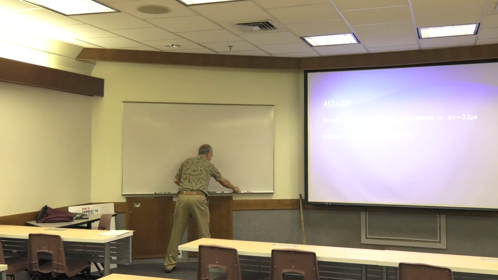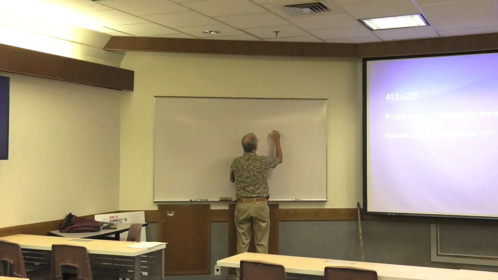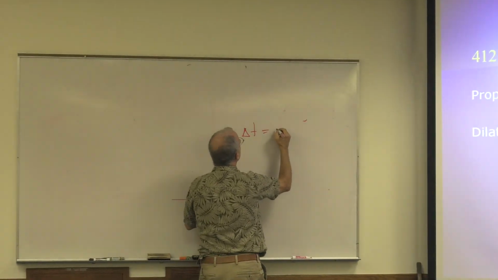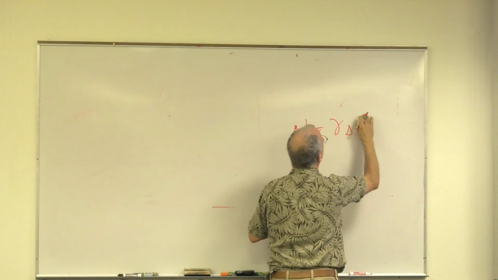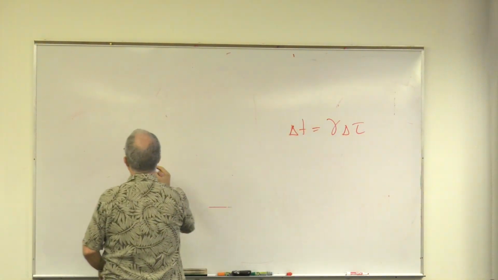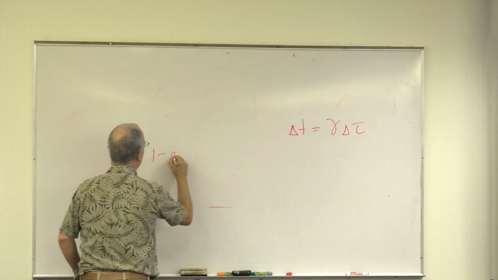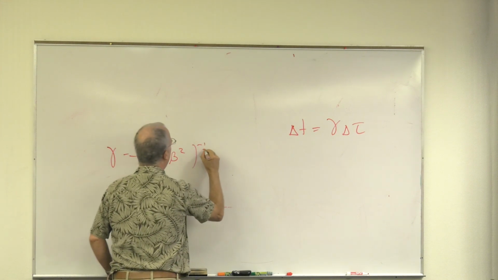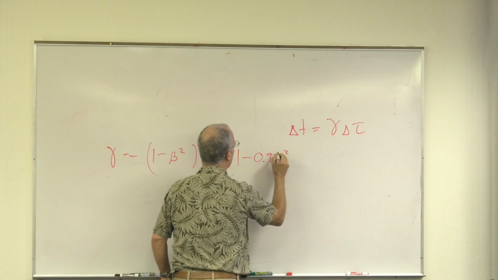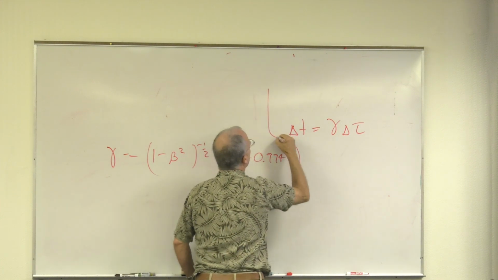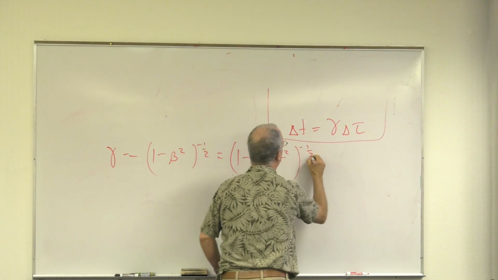Because remember, here's the equation: delta T equals gamma delta tau. Gamma is 1 minus beta squared, to the negative 1/2, so that's 1 minus 0.994 squared, to the negative half power.